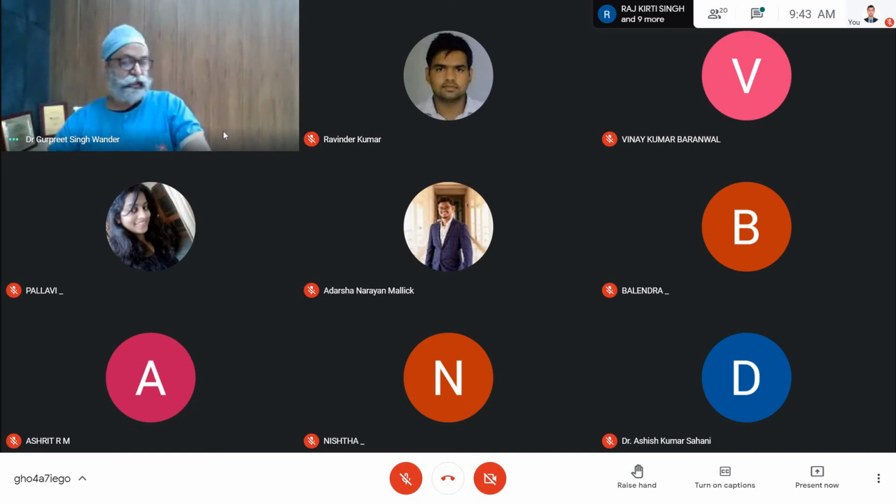Immunologically, these pacemakers are inert. Whenever something external comes into the blood circulation, it can generate an immune response in the body, but these are immunologically inert substances, so they do not generate any immunological response in the body.